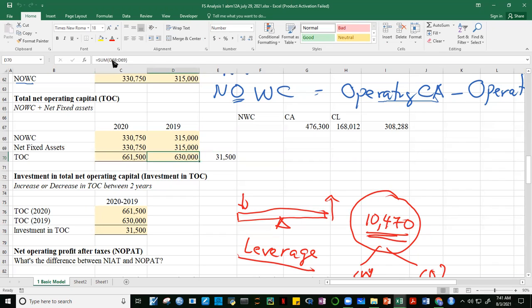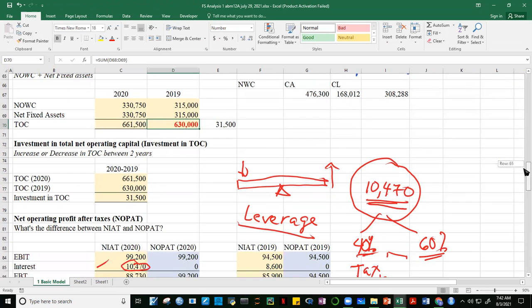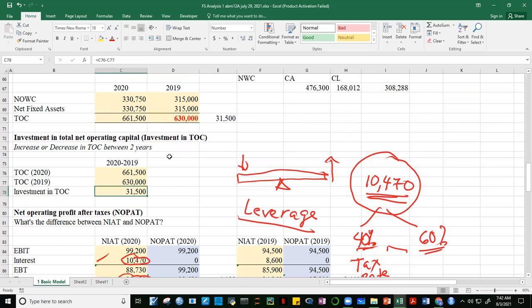Take note of this, guys. This 630 we will use to determine if value was created for shareholders and investors.